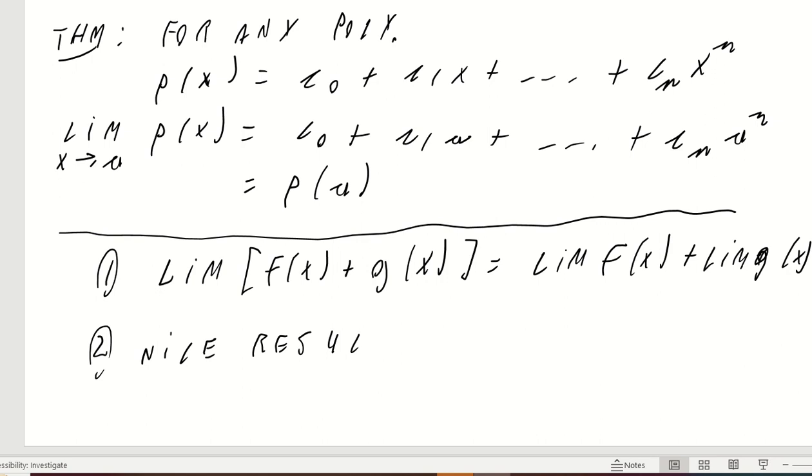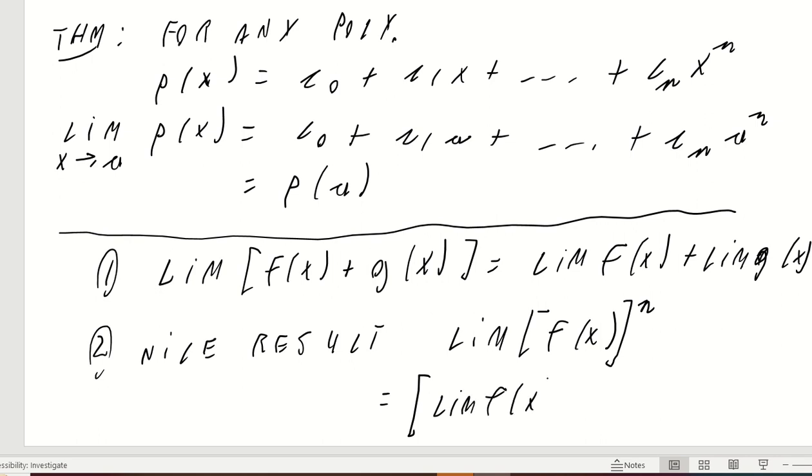The nice result is that the limit of an nth product of the same function, so if we have f of x multiplied by itself n times, will just equal the limit of the function, the limit of f of x, multiplied n times to get the result. Okay, so let's get on with the proof.